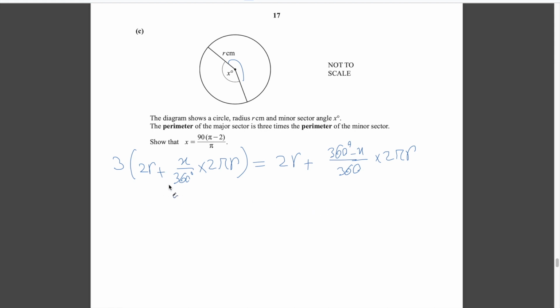Now I expand it. 3 times 2r will become 6r plus 3x over 360 times 2 pi r is equal to 2r plus, now I expand this, it will become 360 over 360, which is 1, times 2 pi r, then minus x over 360 times 2 pi r. So for the first one, 360 and 360 cancel out each other.